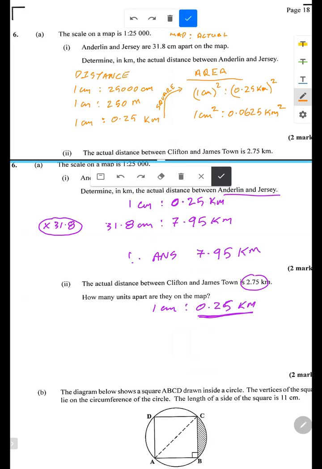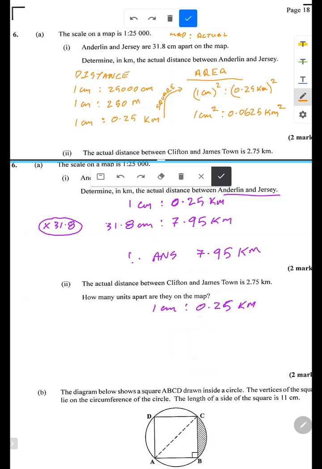Quite simple. All we have to do is make it become 1 first, and then after we make it become 1, we make it become 2.75. If you have 0.25 and want it to become 1, you can multiply by 4, or you can say divide by 0.25. To divide by 0.25 is the same as multiplying by 4.